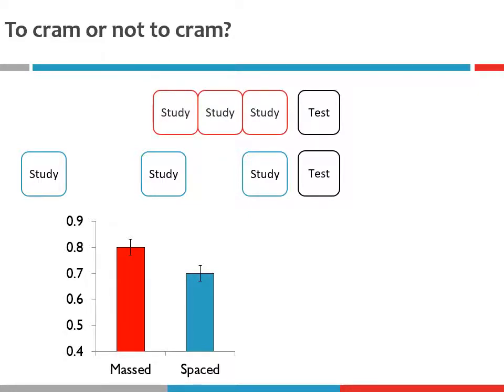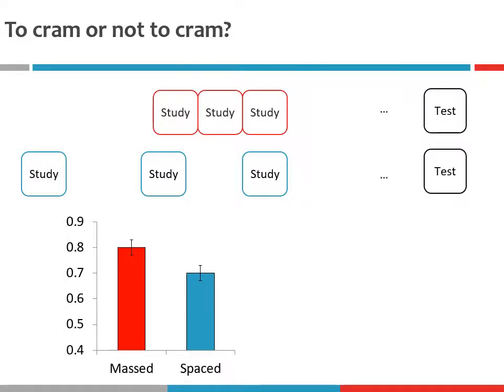So you're going to be able to recall about 80% of those 30 idea units from that sea otter's passage, right? Whereas the people who had their study sessions spaced out in time are going to be at about 70, right?